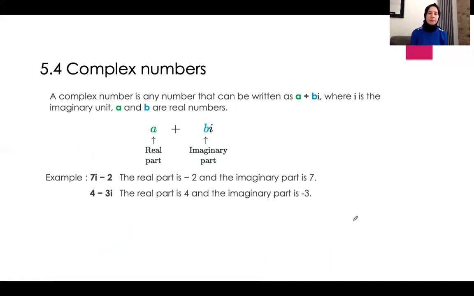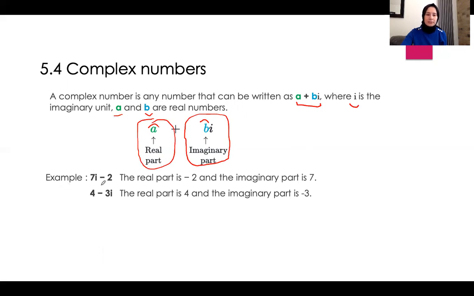Another data type in Python is complex numbers. A complex number is any number that can be written as a plus bi, where i is the imaginary unit and a and b are real numbers. In this expression, a is the real part, and bi is the imaginary part.